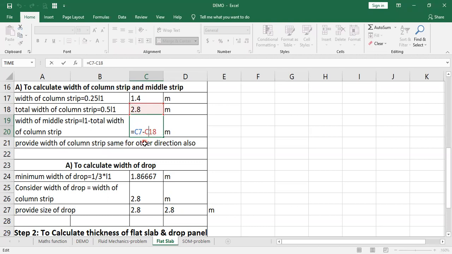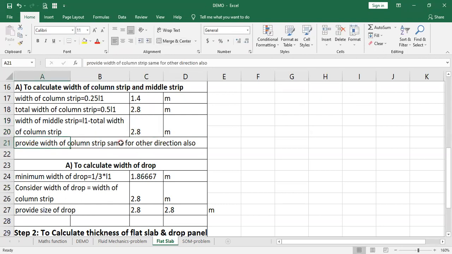So this is very important. And text, you can write text. You can use wrap text and merge and center here, and accordingly you can calculate the things.